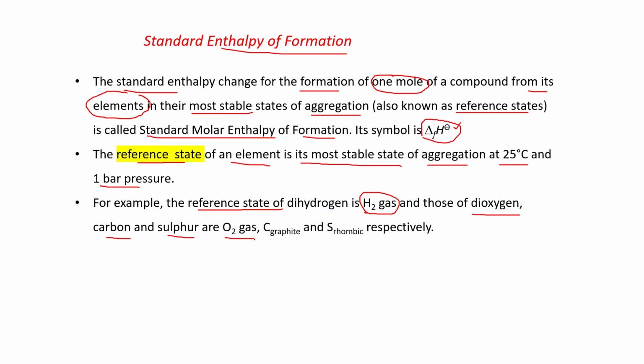O2 gas for dioxygen. For carbon, this is C graphite. Again, remember, carbon exists in different crystalline forms, but C graphite is taken as the reference state. In the same way, sulfur rhombic. Again, sulfur also exists in different allotropic forms, but sulfur rhombic is taken as the reference state.